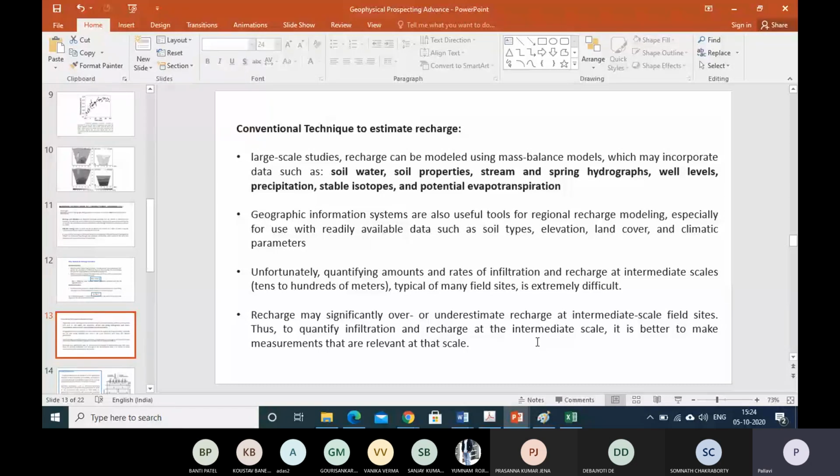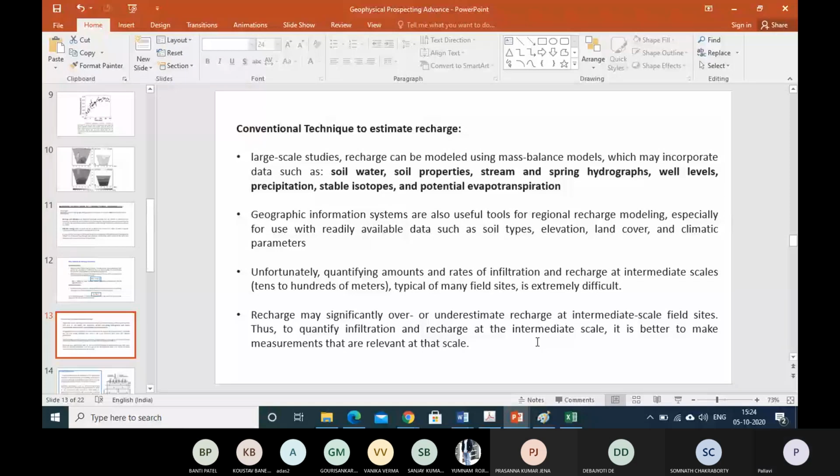So we cannot say this is a point based experiment. You can use this method for a comparatively large scale as well, not watershed scale but comparatively larger scale. This is another advantage. If somebody asks you what are the advantages of using electrical resistivity tomography over other methods for recharge estimation, you should know all these advantages.